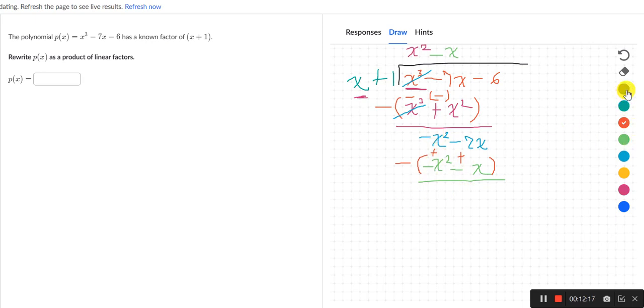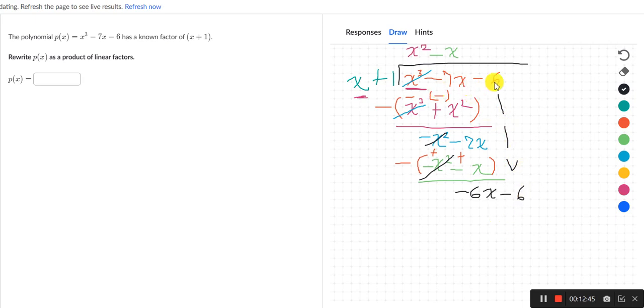So this will eliminate each other, 0, and you end up with positive x minus negative 7, that is 6x. Now you bring the last one down, negative 6.